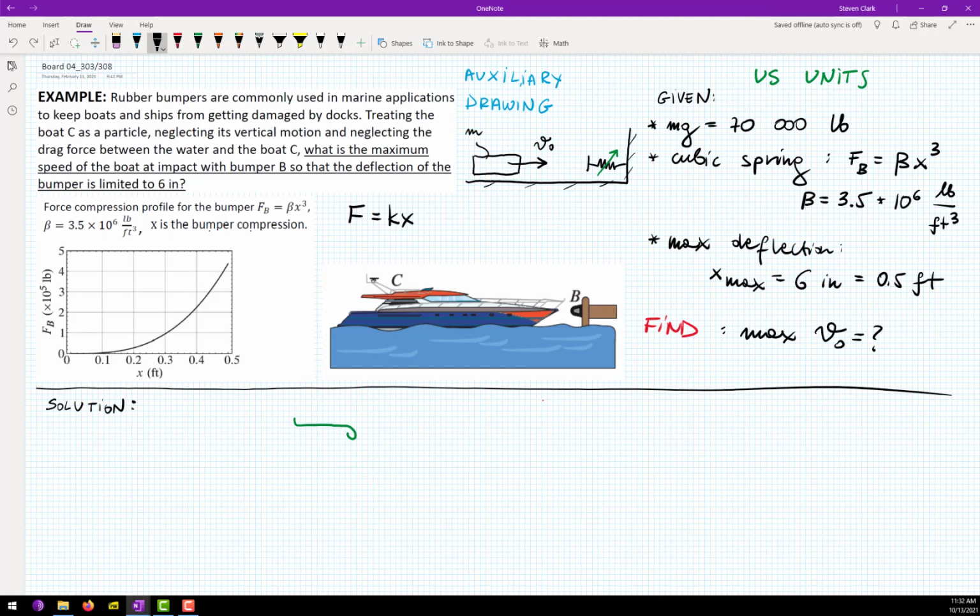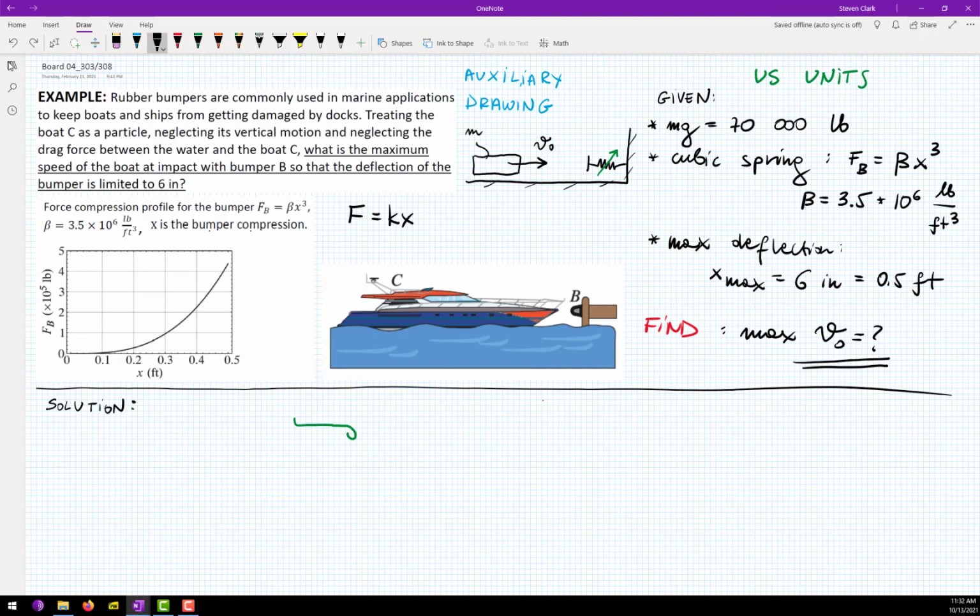That boat has mass and it has initial velocity and it goes into a nonlinear spring. And they ask us to find the initial velocity such that the deflection is half a foot. So let's find that initial velocity and we can call it a day.